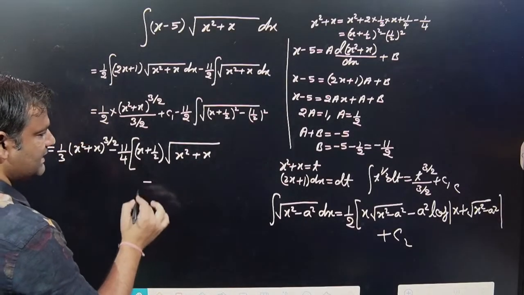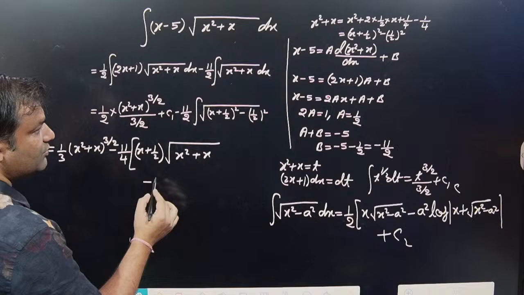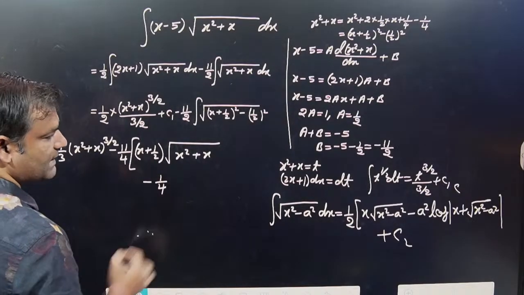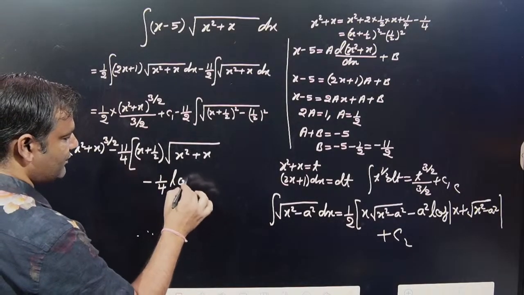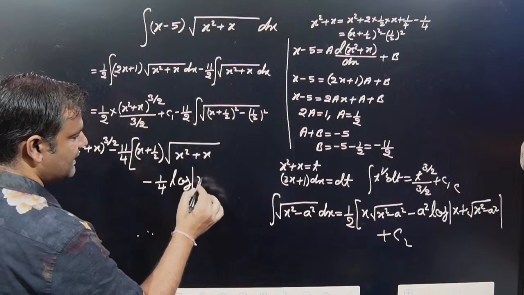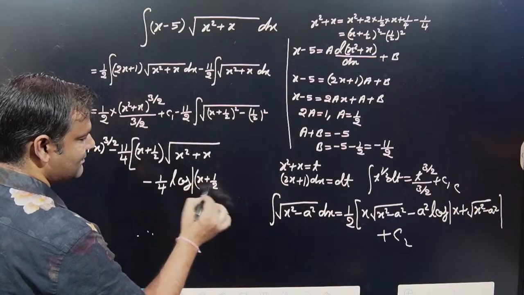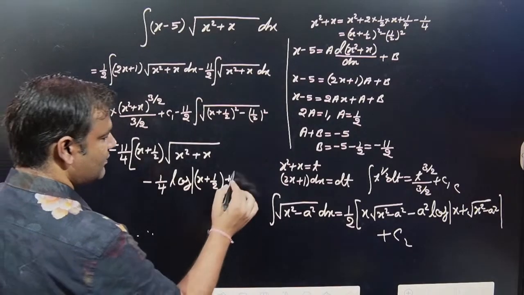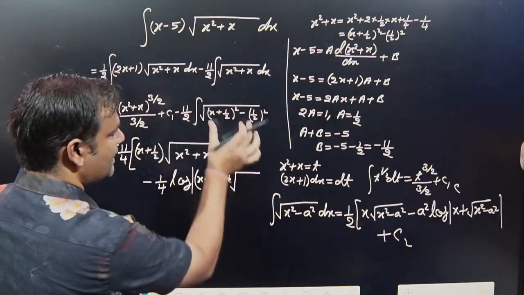minus a square, that is 1 by 2 to the whole square, basically 1 by 4 into log of mod of x plus half plus under root of x square plus x.